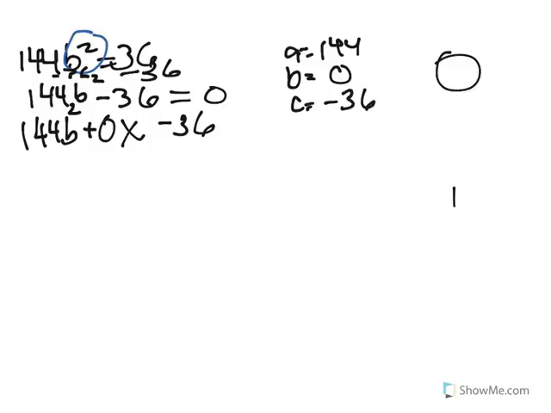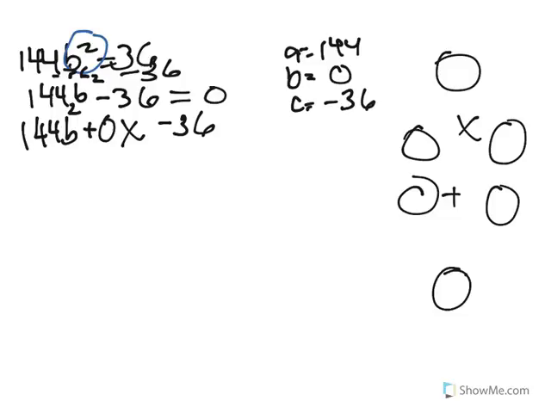So let's make our little factor map. Okay, so B down here, A times C, 144 times negative 36, that is going to give us negative 5184, okay?